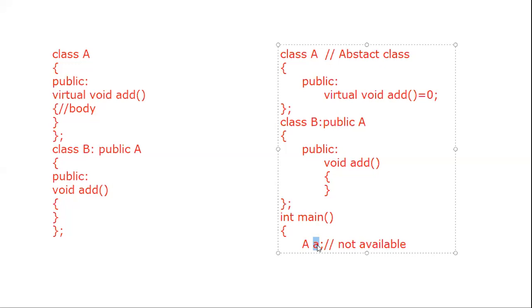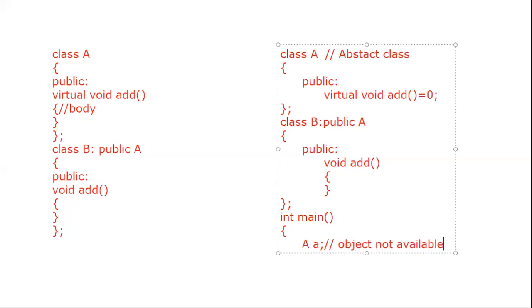For this particular class A we can't create the object, but for that abstract class we can create pointer variables as well as reference variables to call the different data members as well as functions. So object is not available with respect to abstract class.